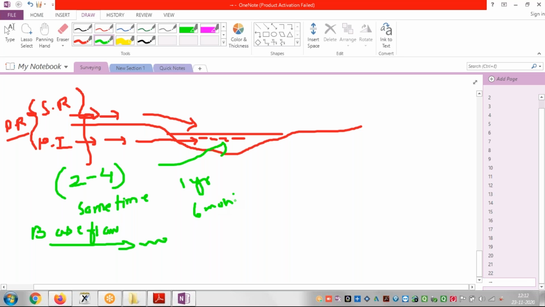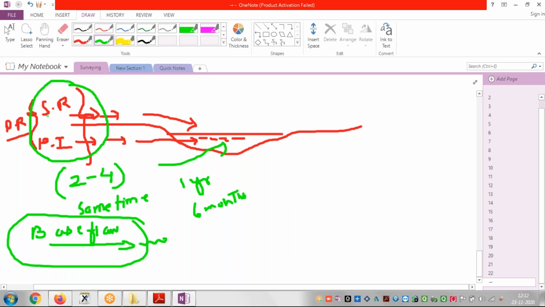Means it takes more time. Base flow takes more time to meet the river, but direct runoff, surface runoff and prompt interflow, generally meet the river within 2 to 4 days, or maybe after 1 week, right?